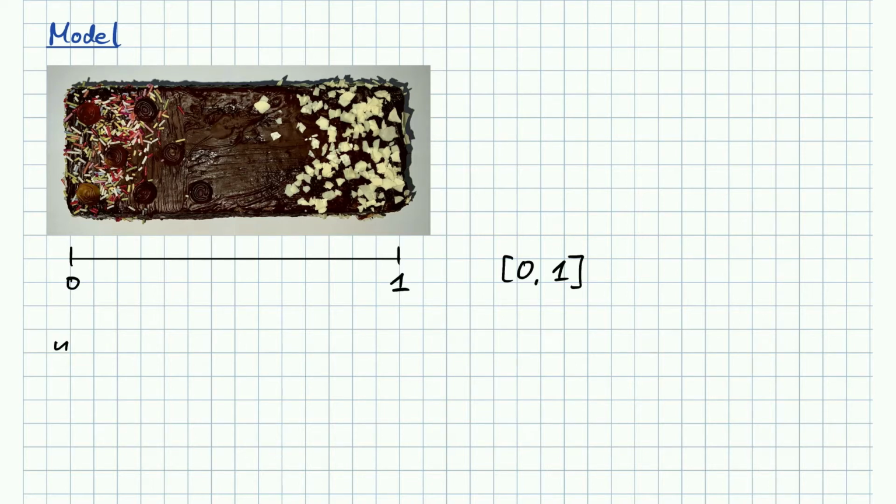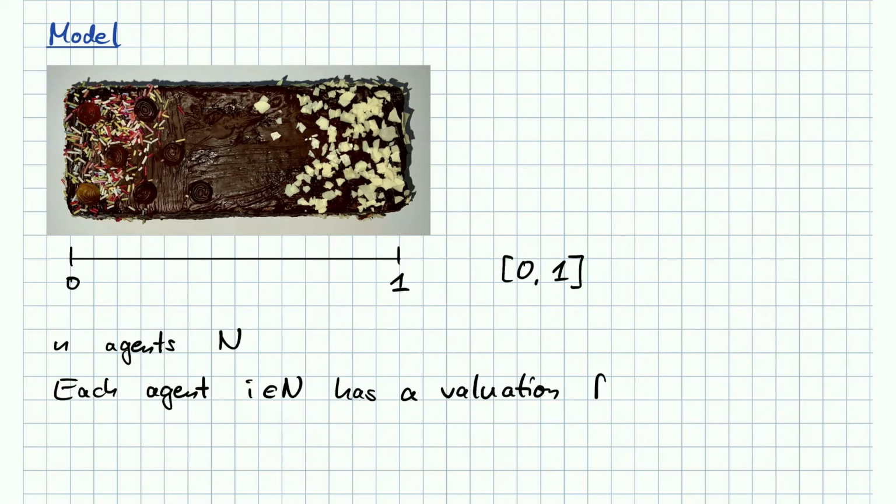We'll have n agents, and each agent i has again a valuation function, which now assigns a non-negative value to each piece of the cake.